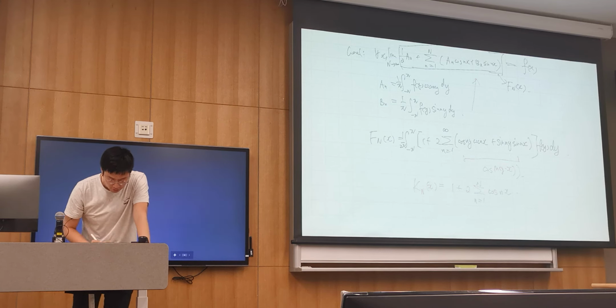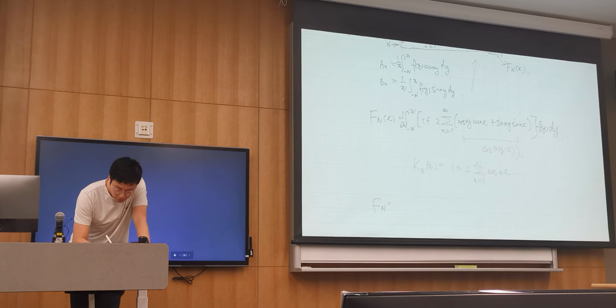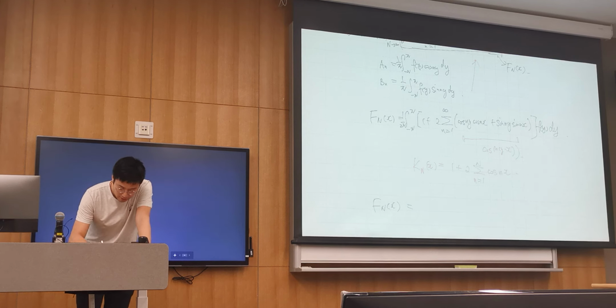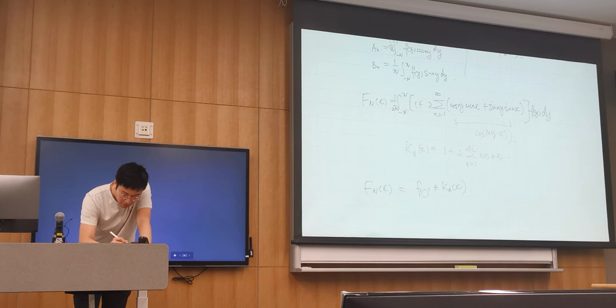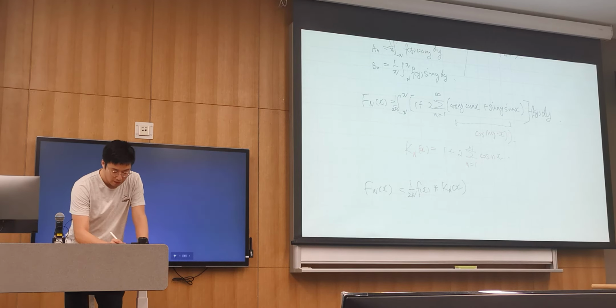Then my f_N(x) is exactly the convolution between f(x) and K_N, with a factor of 1 over 2 pi. And K_N is called the Dirichlet kernel.